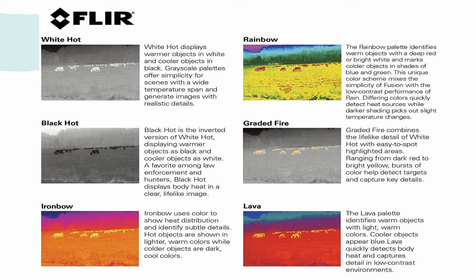Second one is black hot. The black hot is just the inverted version of the white hot, displaying warmer objects as black and cooler objects as white.